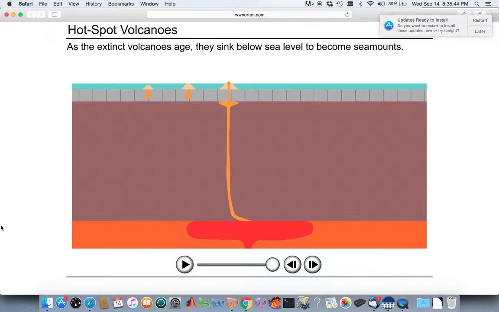But the rate of mass addition from the volcanism is greater than the rate of mass subtraction from the erosion, so the volcano grows. But whenever the volcano goes extinct, now you have only erosion, and so you have only the removal of material, so eventually the island shrinks, it becomes smaller, it's eroded away, and it sinks beneath sea level.